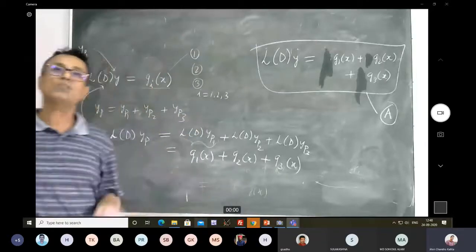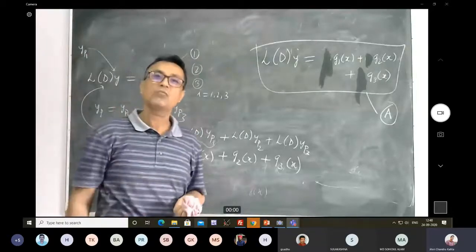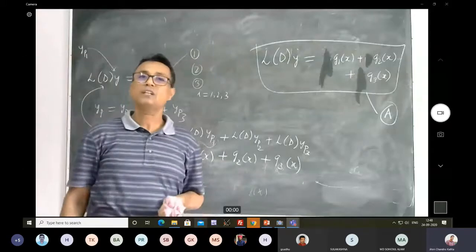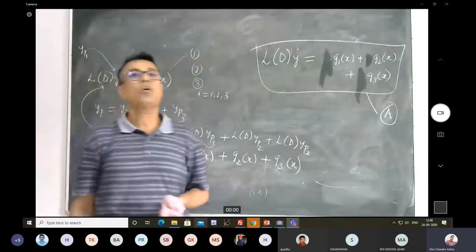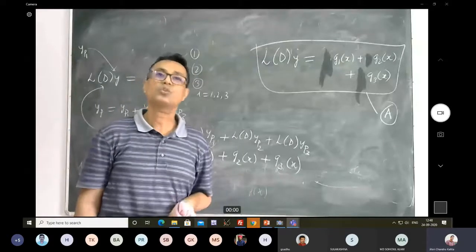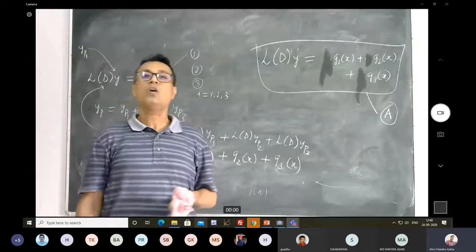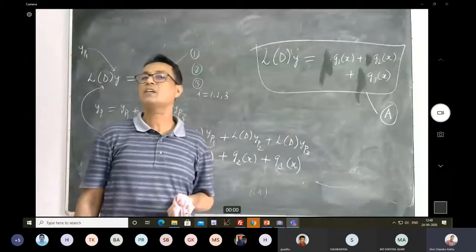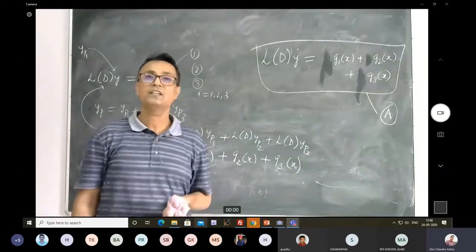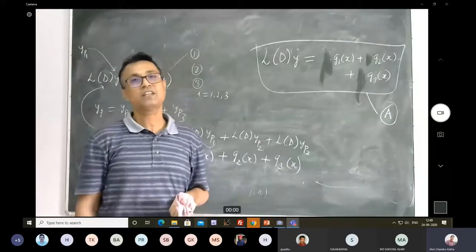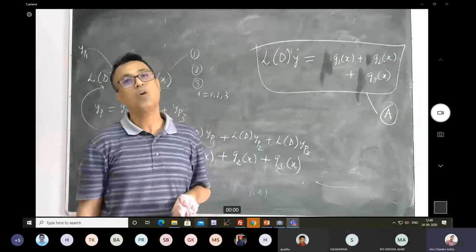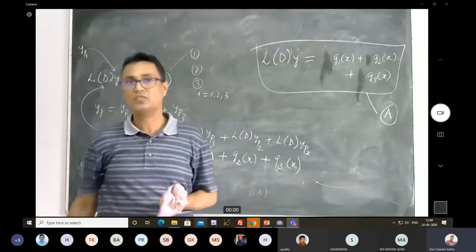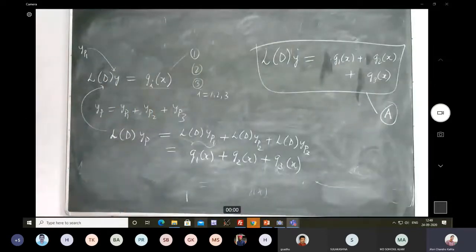Whatever number of particular integrals you can have for a given set of differential equations where the homogeneous counterpart is the same, you can always get a linear combination of those particular integrals as the solution of a different non-homogeneous differential equation, where the left hand side, the homogeneous counterpart, is the same, and the inhomogeneous part, that is the right hand side, is going to come from the linear combination of the earlier non-homogeneous parts from those three individual equations, right?